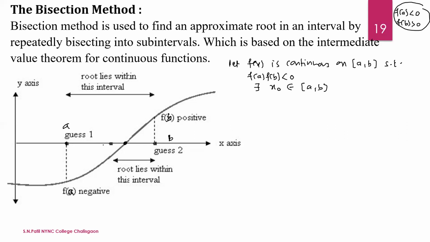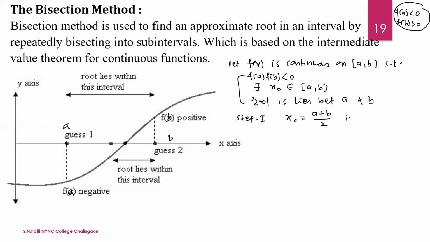So in the bisection method, once we identify the interval through which the curve passes, the first step is to bisect this interval. From this conclusion, the root lies between A and B. We bisect the interval as x naught is equal to A plus B divided by 2.